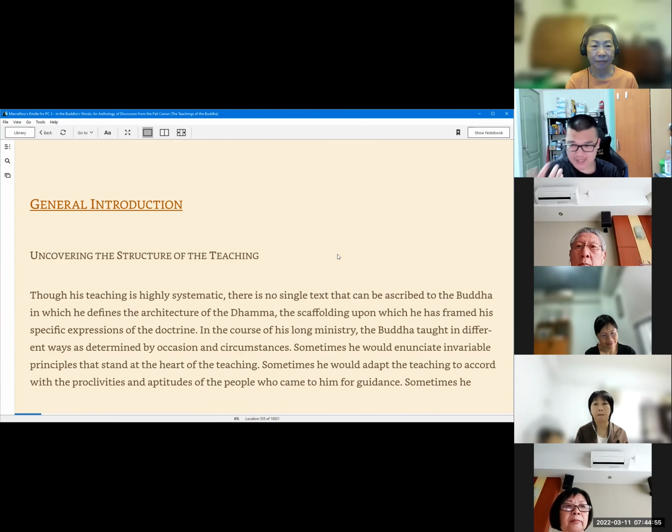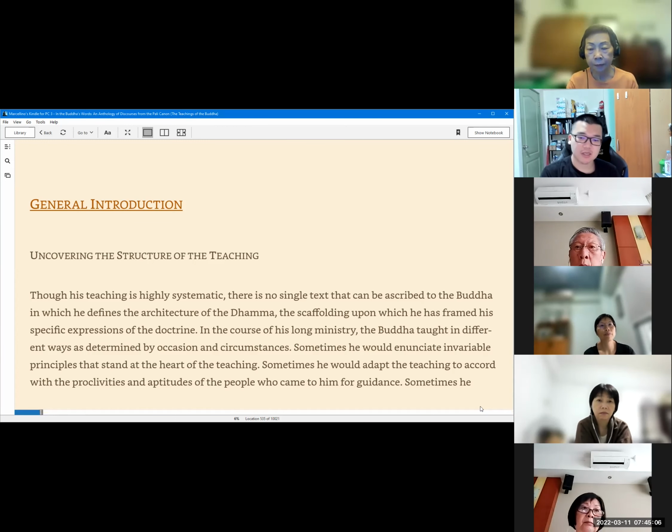Okay, now let's actually read something that we can read together. General introduction, uncovering the structure of the teaching, the first subchapter.